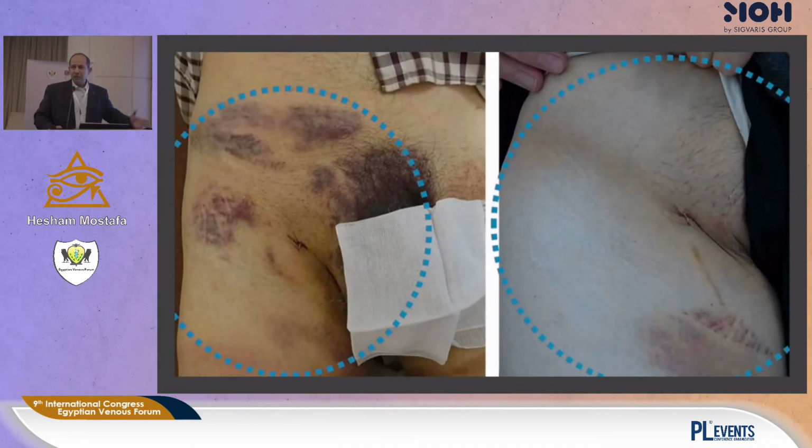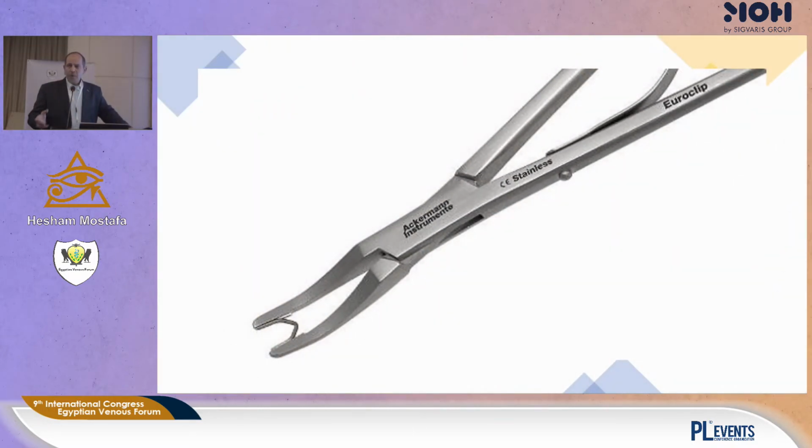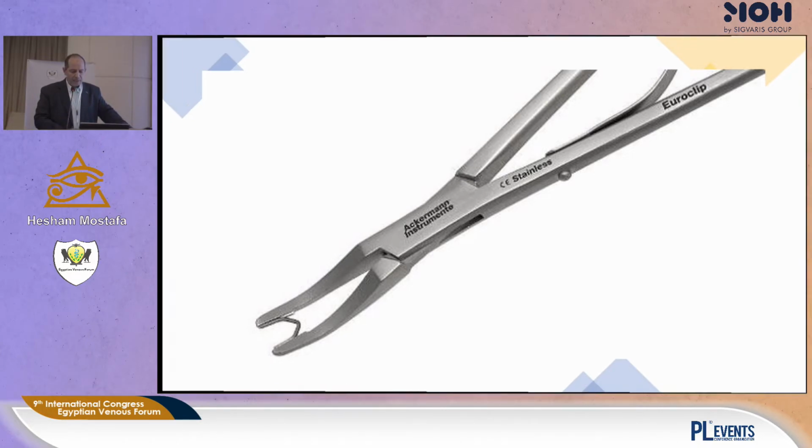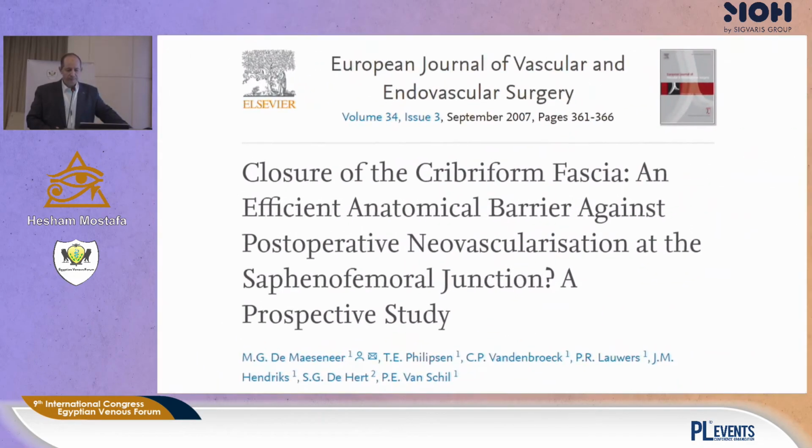We see multiple ecchymoses, and these resolve with time. And by the way, in our practice, we can use a vascular clip applier in spite of avulsing the tributaries to avoid these ecchymoses and hematomas.